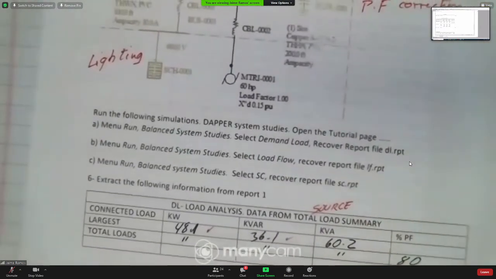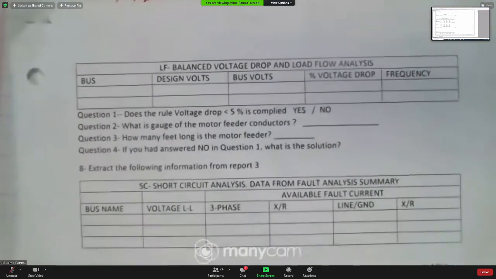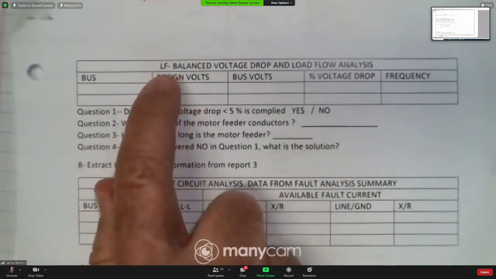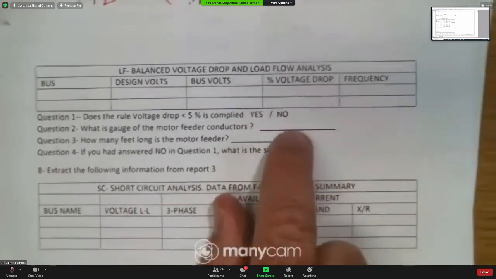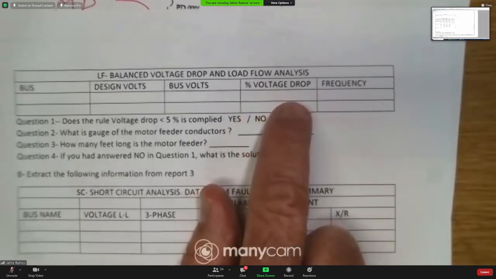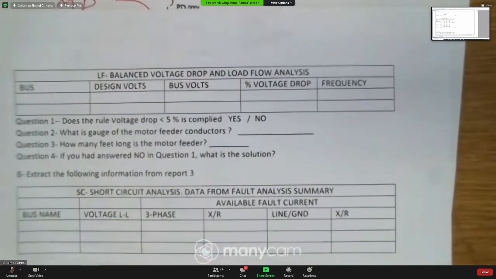So now let's move to the second part. LF. So now we need to open the second report, which is load flow. And here we are going to look at the voltage drop. Okay, so then let's open the second.